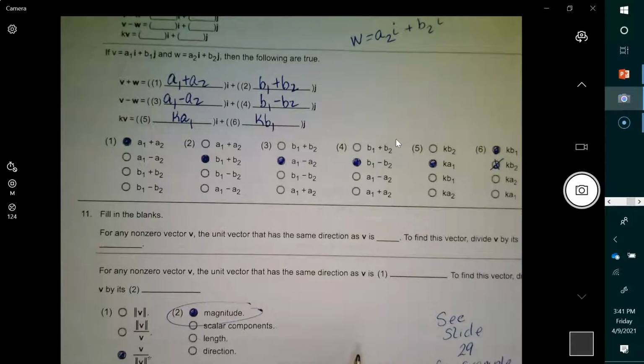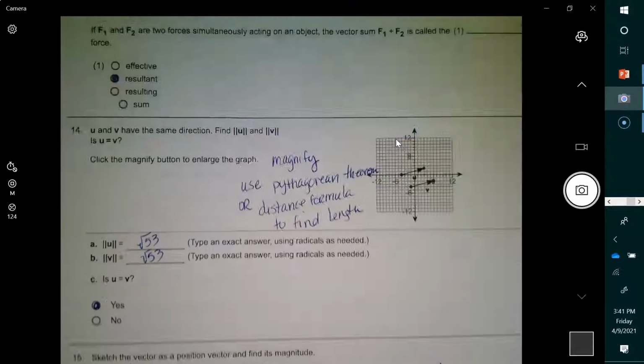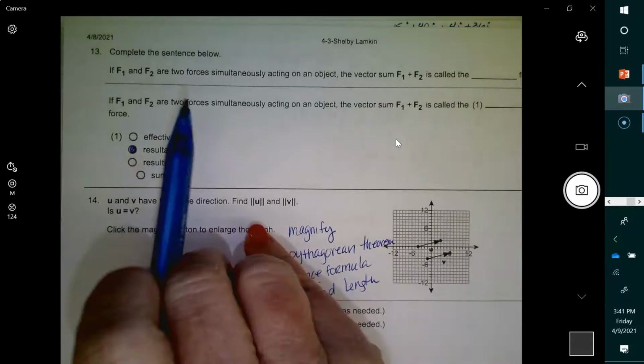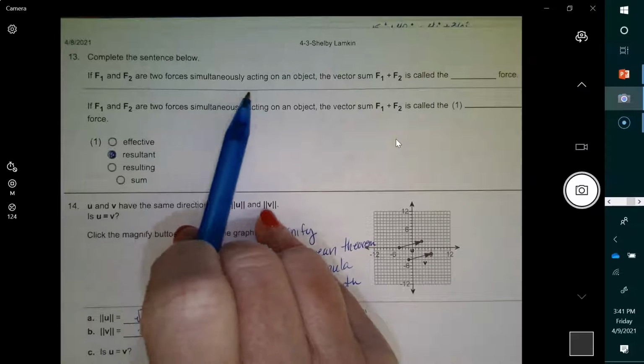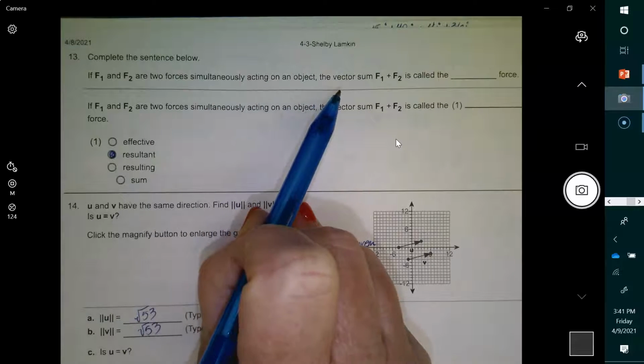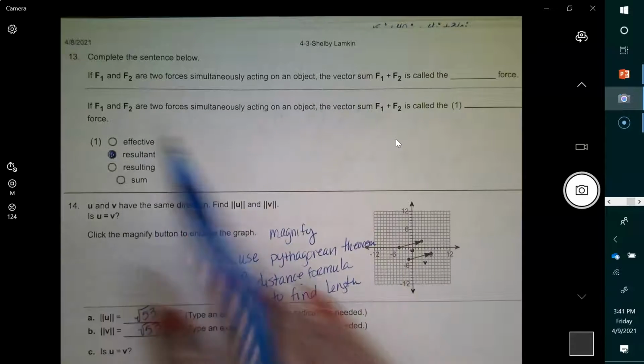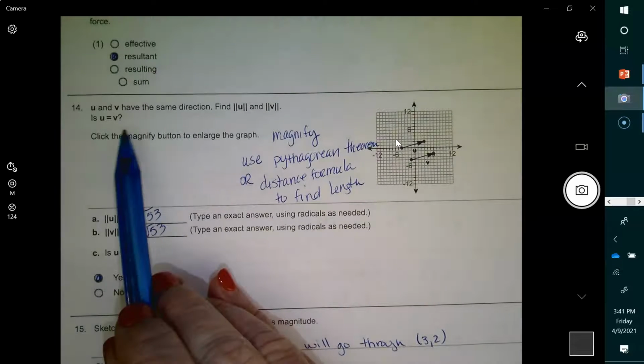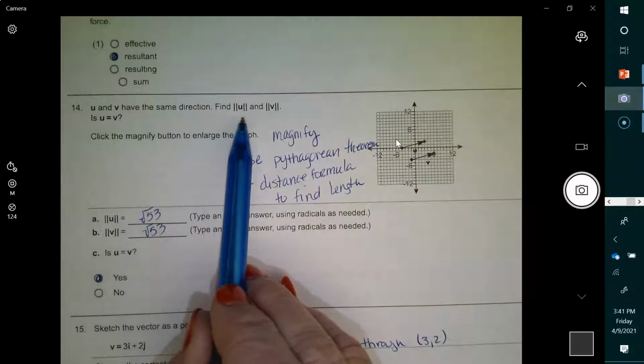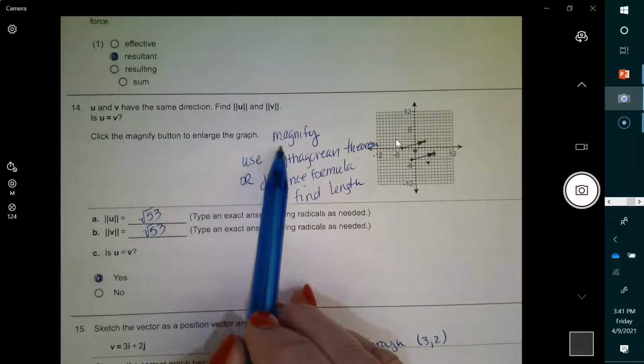We're on number 13. If F1 and F2 are two forces simultaneously acting on an object, the vector sum is called the resultant. Okay, u and v have the same direction. Find the magnitude of u and the magnitude of v.